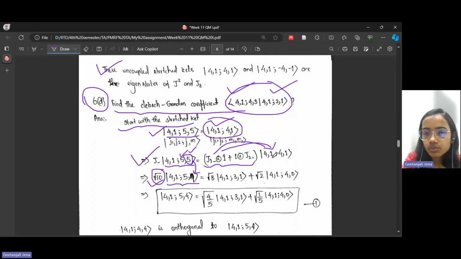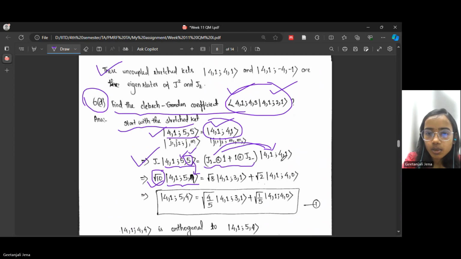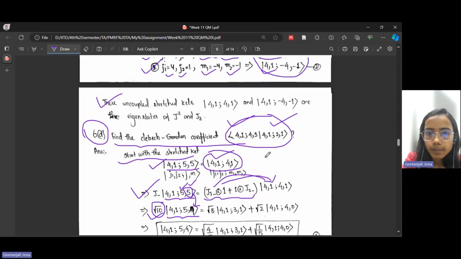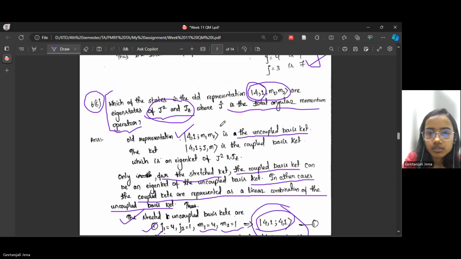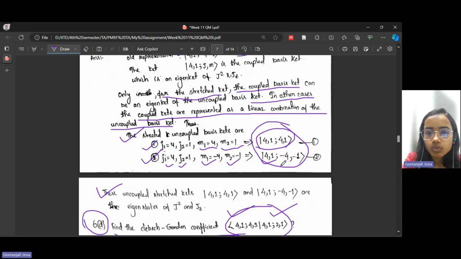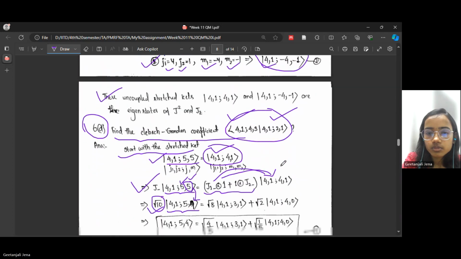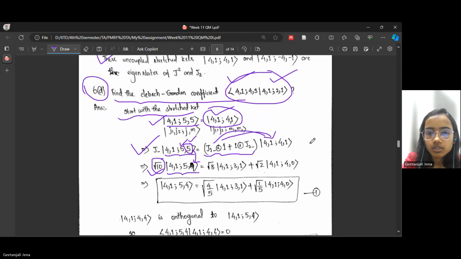If you see the value of M, so one minute. J1, J2 and M1, M2. Okay.